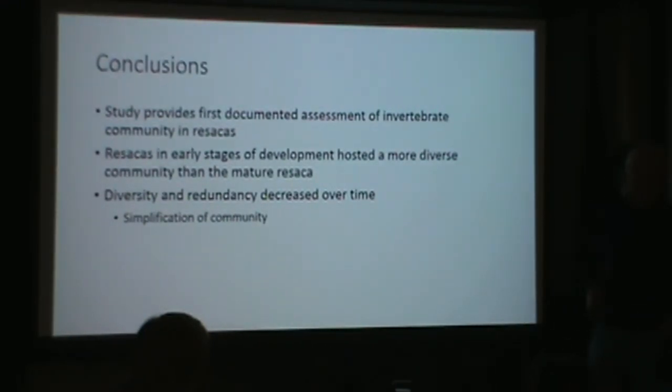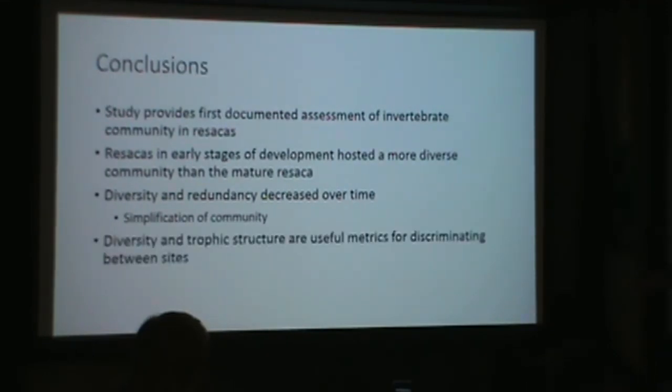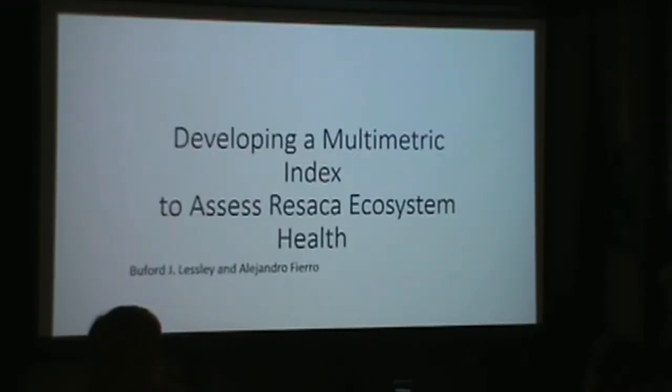That's part of the succession process. And diversity and trophic structure are good metrics for discriminating between sites. So these are potentially good indicators of recovery in a reconstructed resaca. And so that's for that one study case.